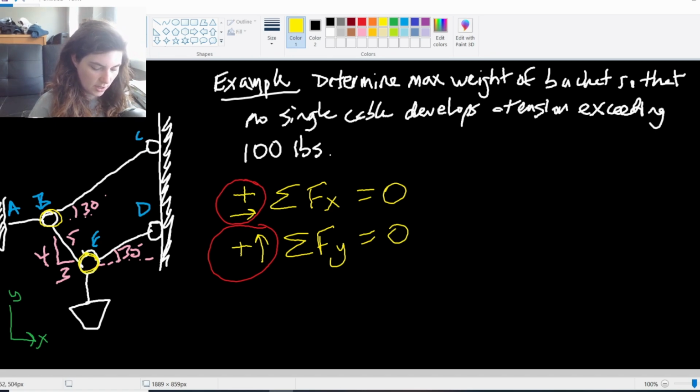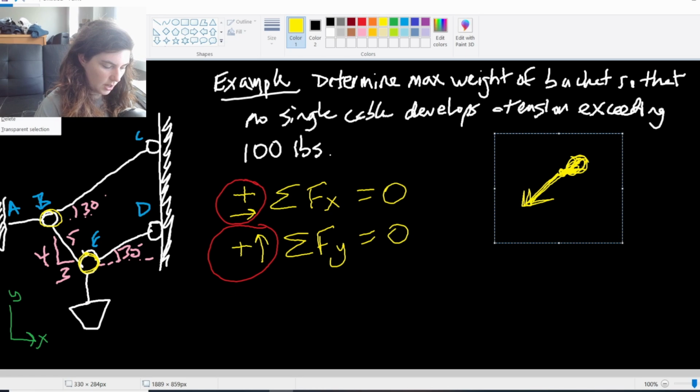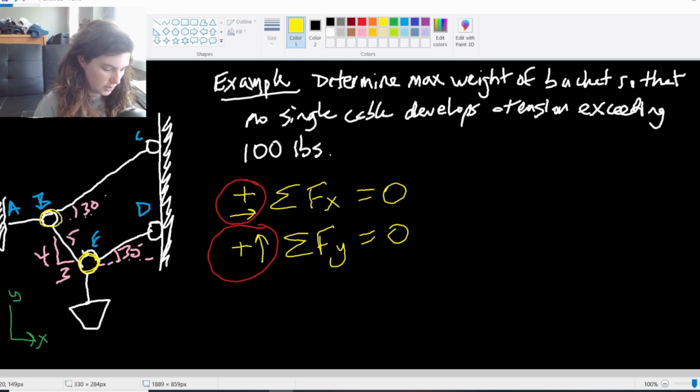For example, if I drew one at point C, all I would have is that tension coming off of the wall, and then also what it's putting back onto the wall. We're going to learn a little bit more about that later. So for now, we just say it's fixed to the wall. And we're just going to look at these points B and E.